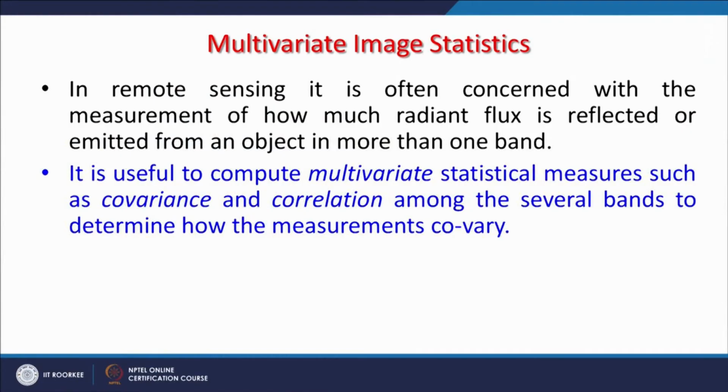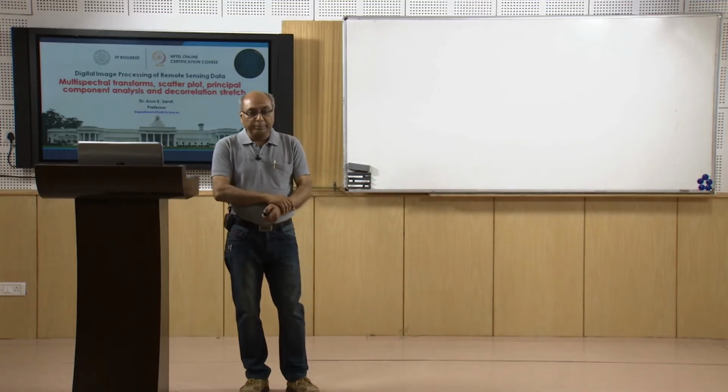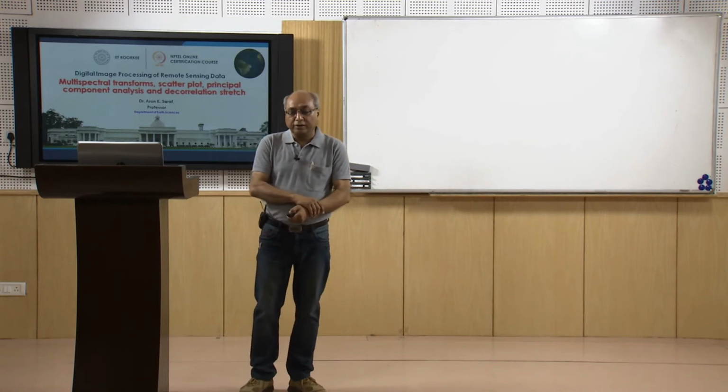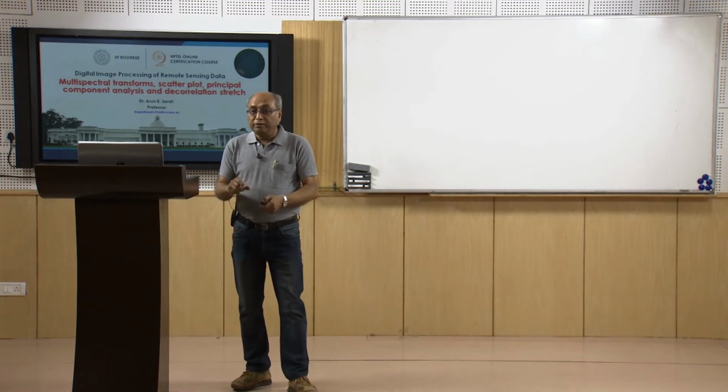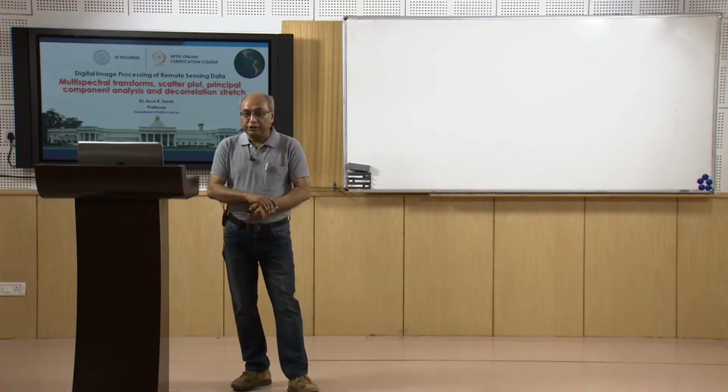So it is useful to compute multivariate statistical measures such as covariance and correlation among several bands to determine how the measurements covary. This is required because if there are, say, 7 or 8 bands in one scanner or sensor, then many of these bands might be highly correlated to each other.